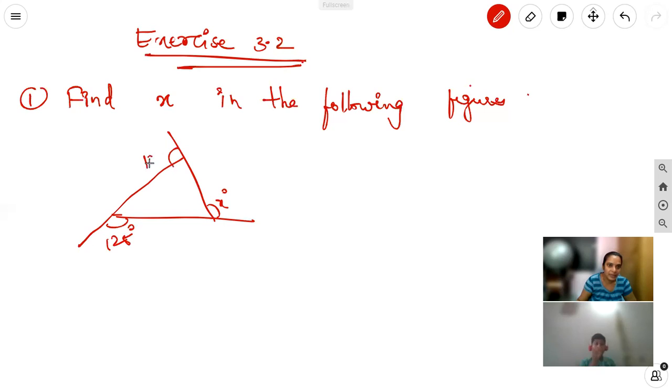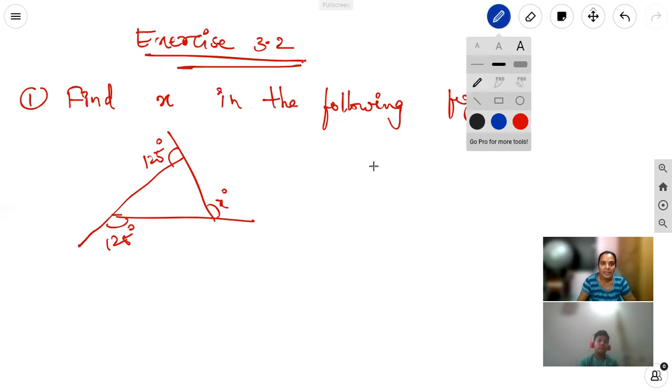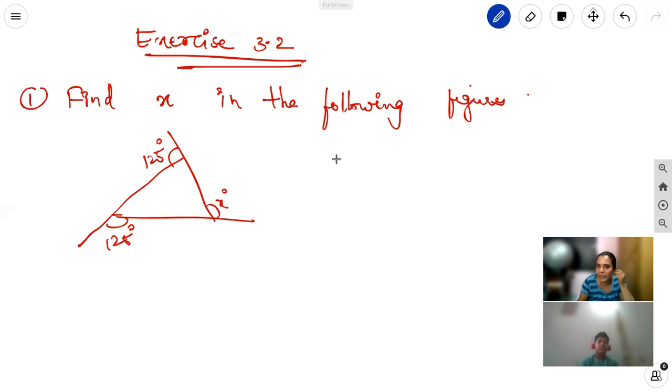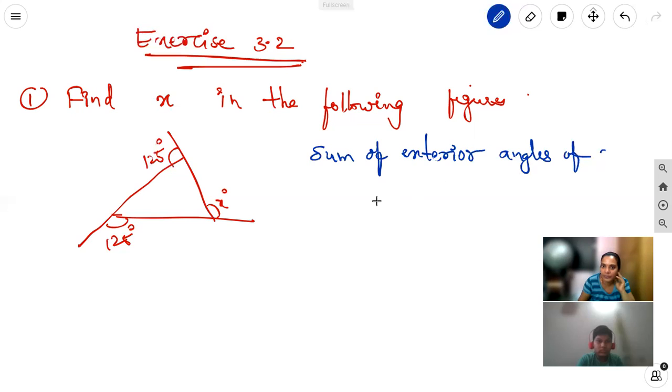This is 125 degrees. See here, we know that it's a polygon. It's a polygon means we know that sum of exterior angles of a polygon is 360 degrees.